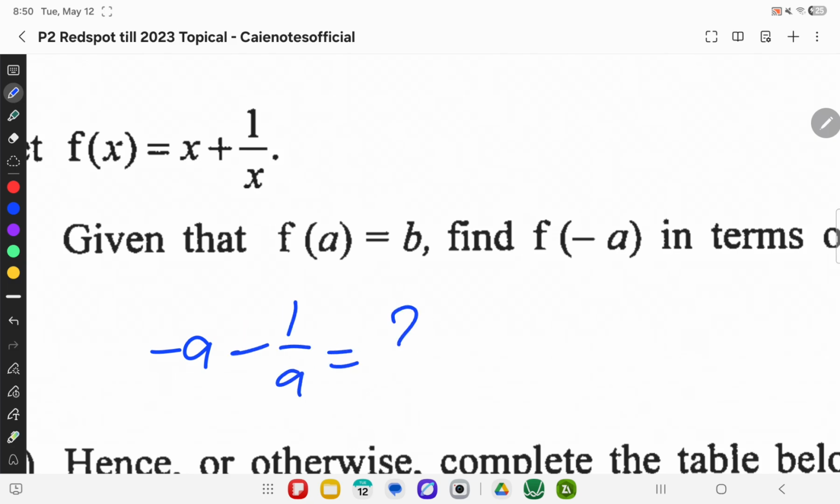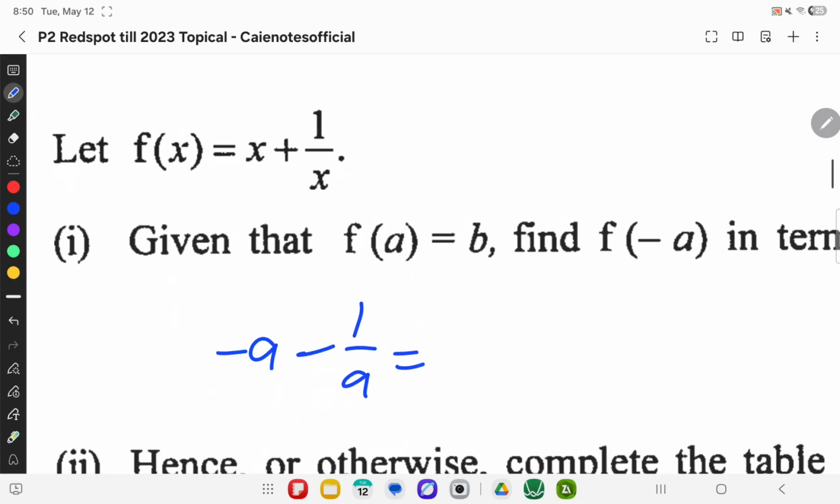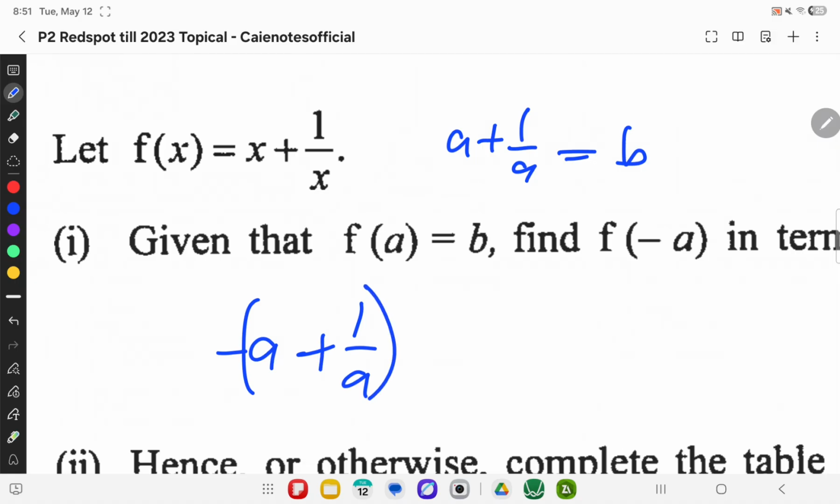How is it different? Well, we know that f of a is a plus 1 over a, and this is equal to b. Can we find a plus 1 over a in here? Yes, we can. You can factor out the negative, and if we plug in, this is equal to b. We know that.